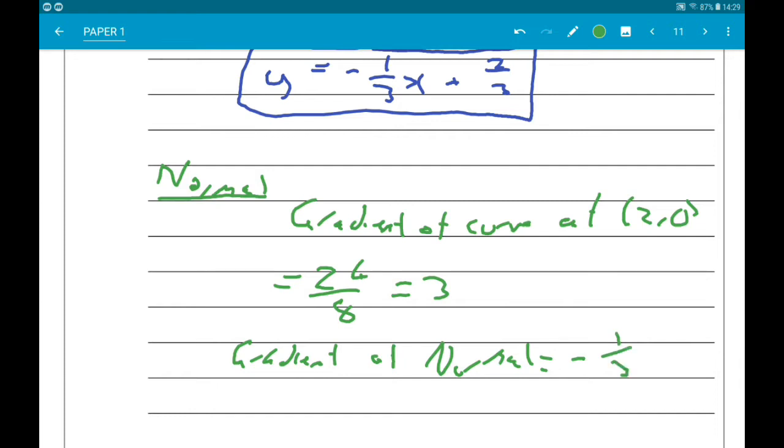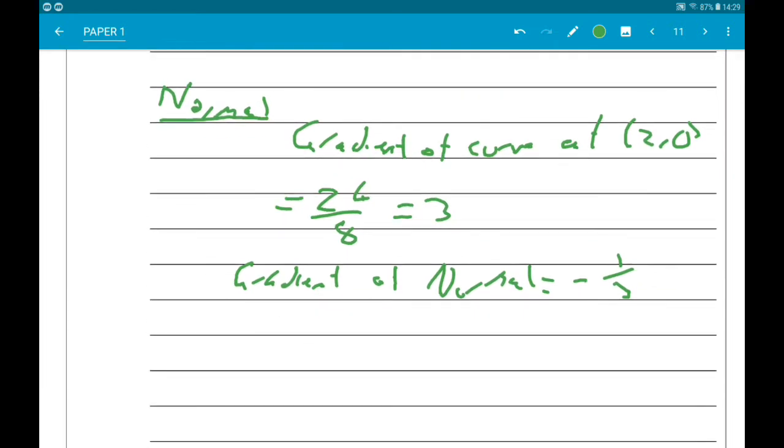Okay, use y equals mx add c again. So now we know y is minus a third x add c. Now at 2, 0, x is 2, y 0.